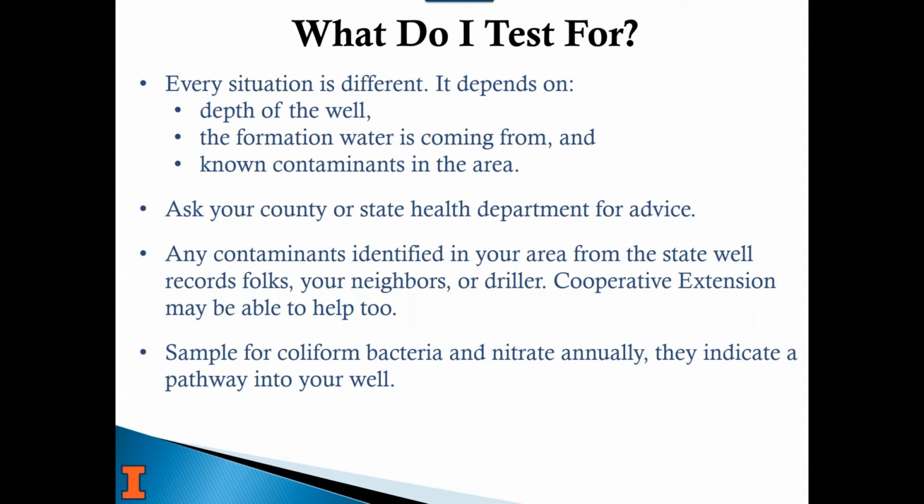So either your well's shallow and there's a shallow path between like your septic and your well, or it means that your well's not properly sealed or protected at the surface. And that could mean that the grout isn't where it's supposed to be around your casing, or there's space between the casing and the borehole so things can run right in, or it could mean that your well cap is cracked or broken, or maybe you don't have a well cap.